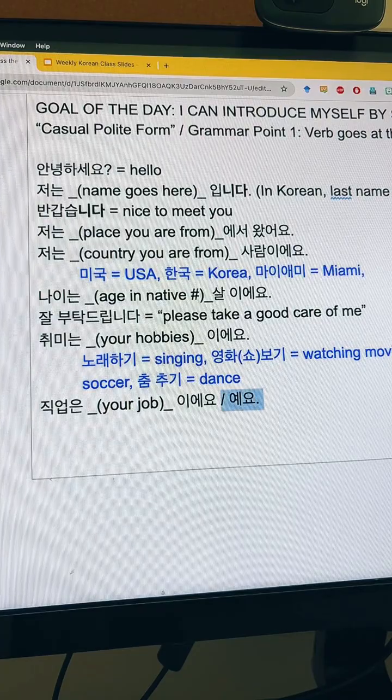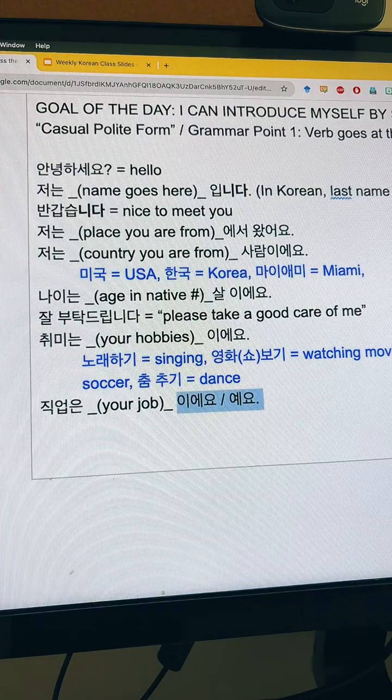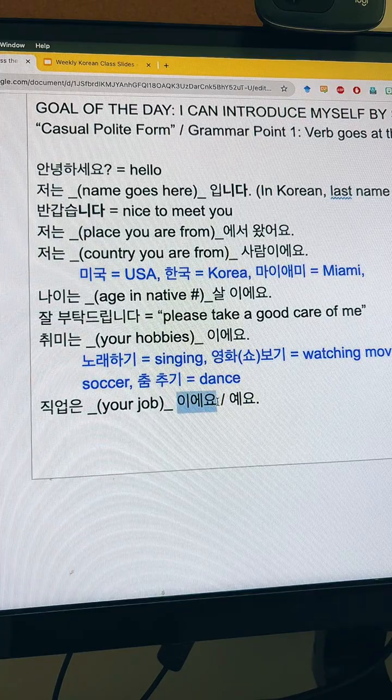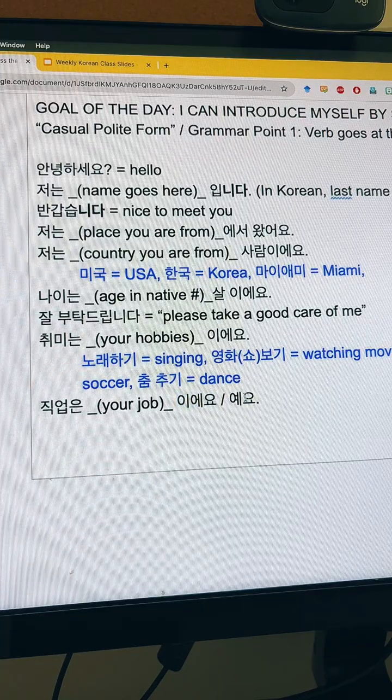Again, if you have no idea what this is, don't worry. For communicative purposes, it's not like the most important thing to learn. But if the word that you use before the verb 이에요 has a 받침, then you would say 이에요. If the word does not have a 받침, then you say 예요. So earlier for 노래하기, it should have been 노래하기예요.